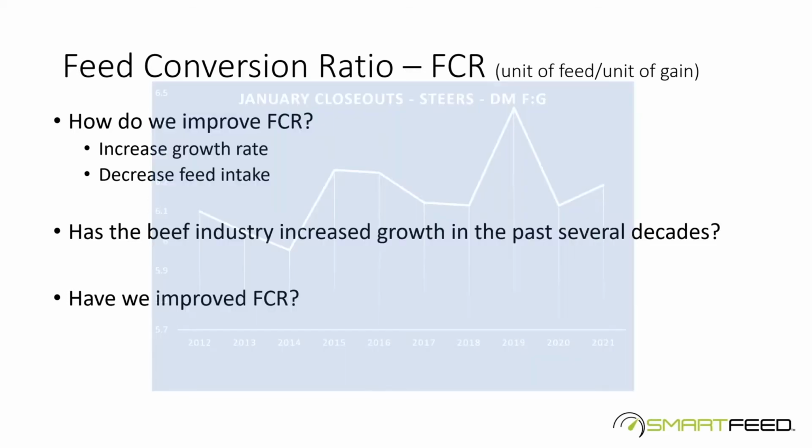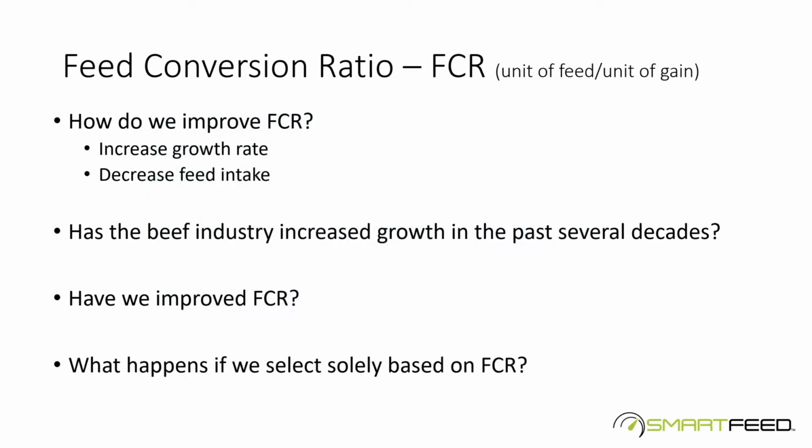So the final question I would pose is, what happens if I start basing a lot of my genetic decisions solely off of feed conversion ratio? This is one spot where I think we need to bring up that caution should be exerted.